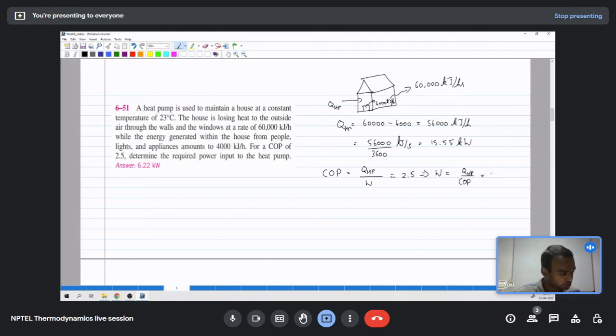So QHP is 15.55 and COP is 2.5. So that means work transfer rate is 15.55 divided by 2.5. So this is 6.22 kilowatts.